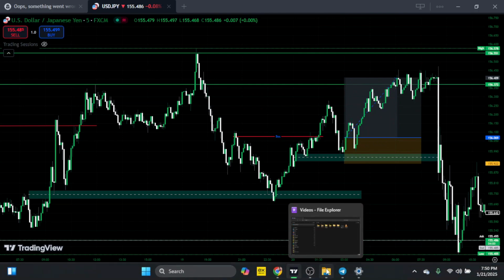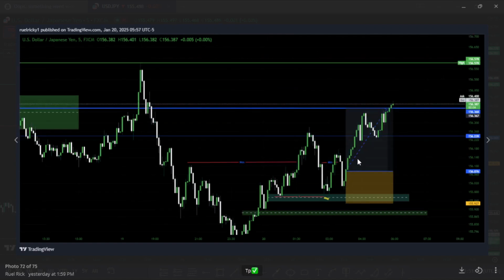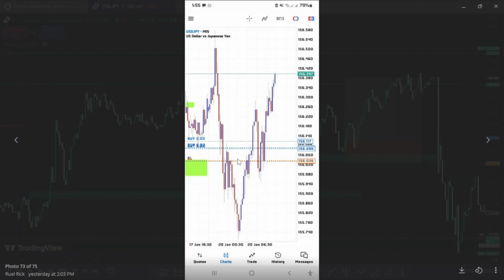So heading over to my Discord, this was the trade before I took the trade. Over here, this is where I took the trade, and later on the trade went to my take profit. This was my MT5 screenshot, and I was taking the trade.